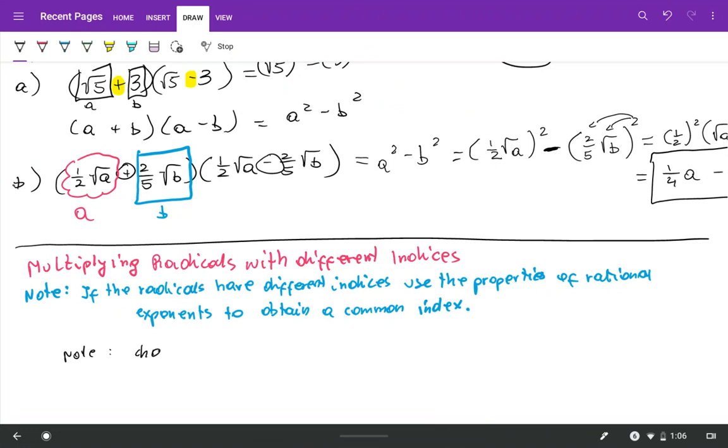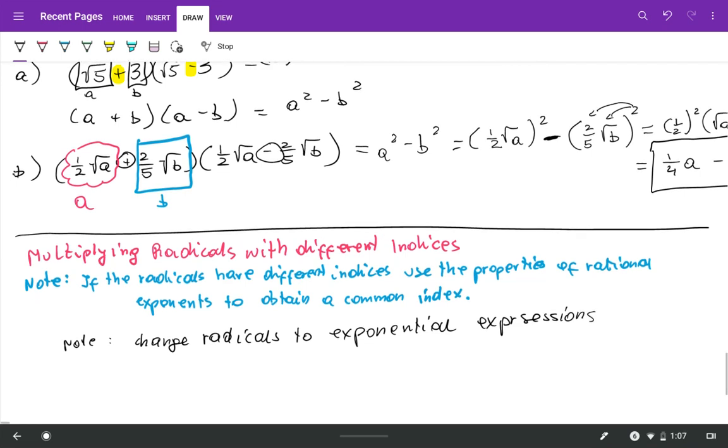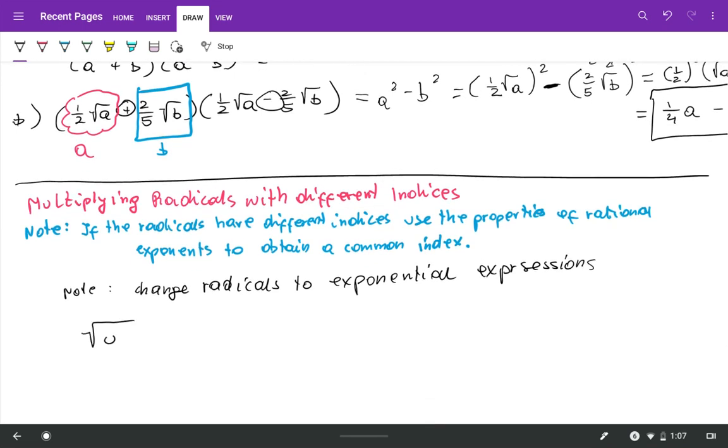So note: change radicals to exponential expressions and simplify, and then we'll change it back to radicals.